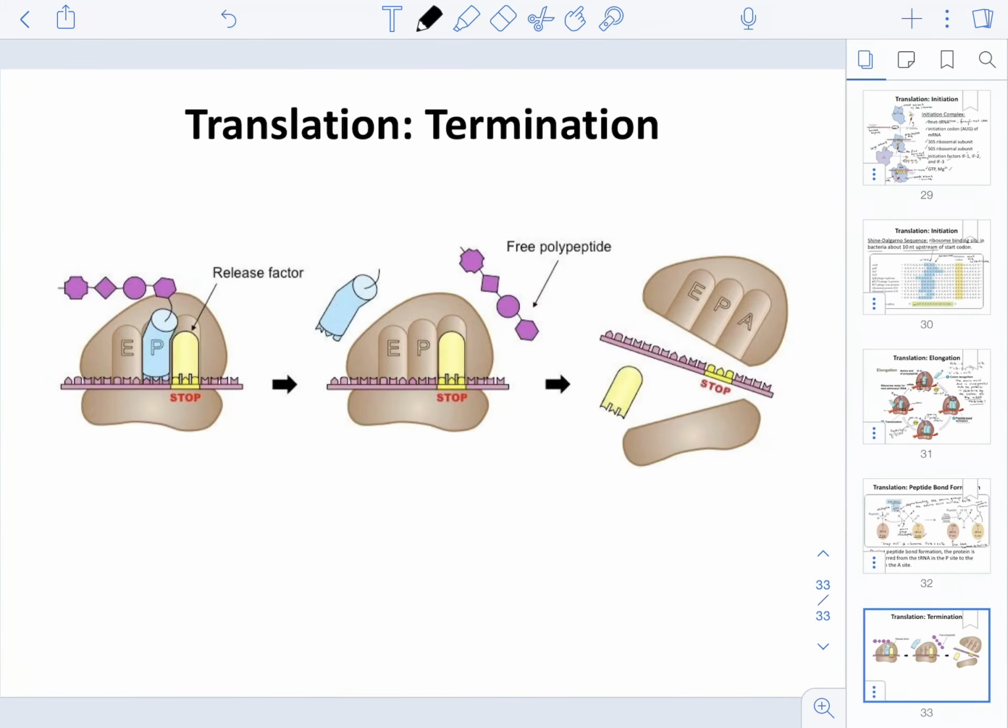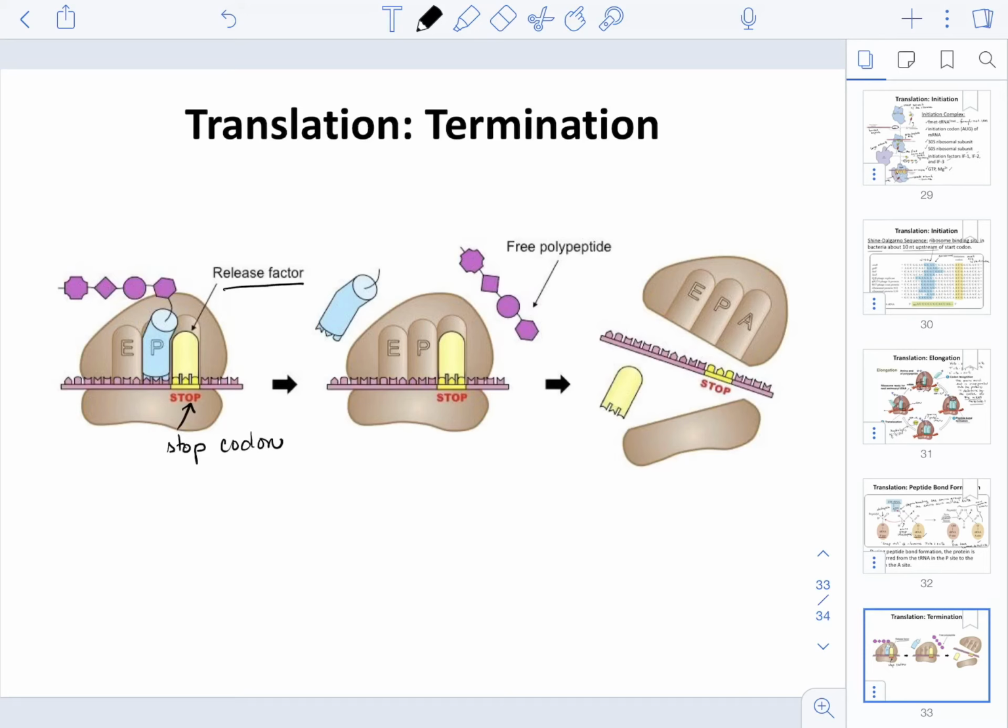Now, when it comes to the termination of translation, once our protein is on the P site and we have reached a stop codon, a release factor is going to bind to the stop codon.